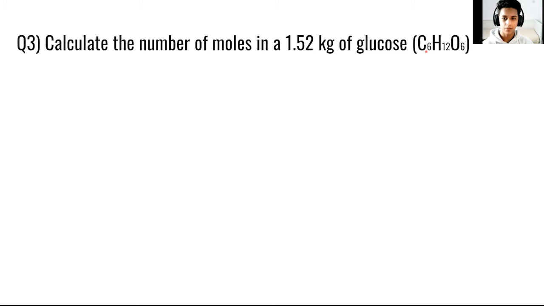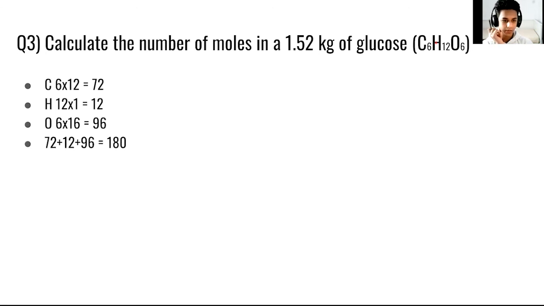Carbon has 12 AMU, so we'll multiply 12 by 6. That will be 72. And then hopefully also you have memorized that hydrogen has 1 AMU, so that will be 12 times 1, which is 12. And then oxygen has 16 AMU, which will be 16 times 6, and that will be 96. Finally, you will add them all, which will be 180.